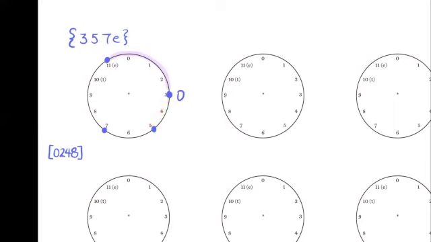So 0, 1, 2, 3, 4, 5, 6, 7, and 8. So my first option, I'm just going to write up here, 0, 2, 4, 8.